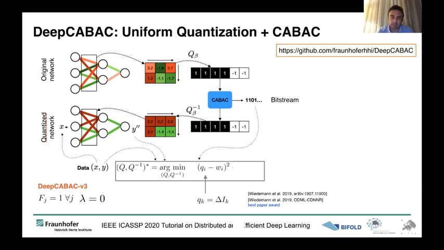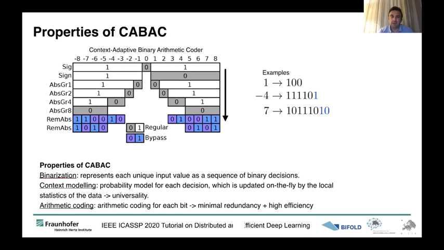And you may ask yourself, so what is CABAC? CABAC is a context adaptive binary arithmetic coder. As an arithmetic coder, what you do is, for example, if you want to encode the number 1, you get the code 100. Why is that?